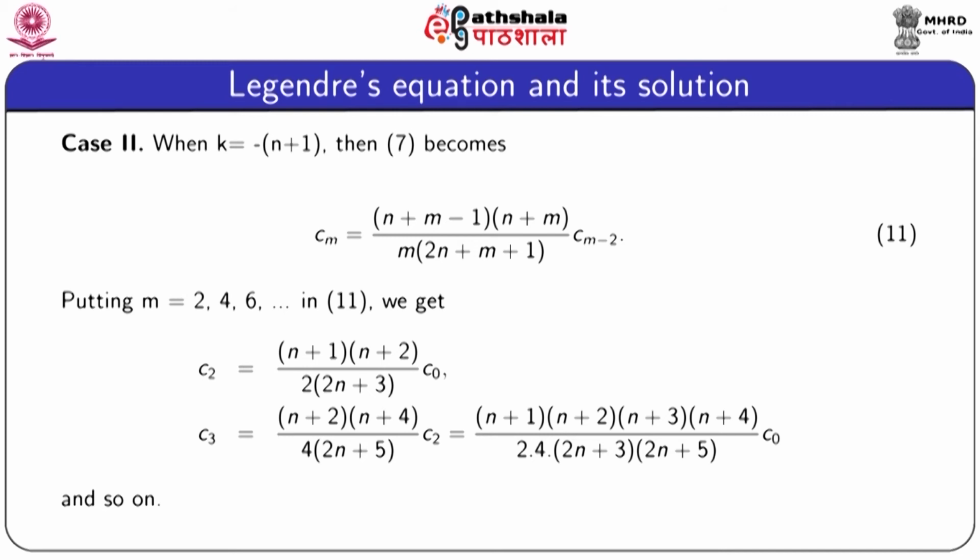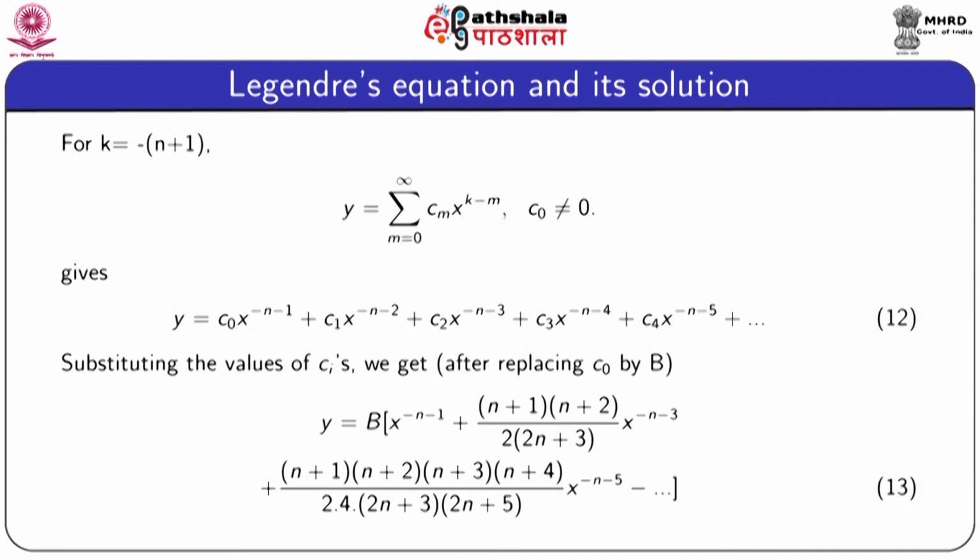And when you do that, you get C2 to be (n plus 1) into (n plus 2) divided by 2 times (2n plus 3) into C0. C4 will be (n plus 2) into (n plus 4) divided by 4 times (2n plus 5) into C2, and when you substitute this C2 here, you are going to get this whole expression. And similarly, you can calculate C6, C8 and so on.